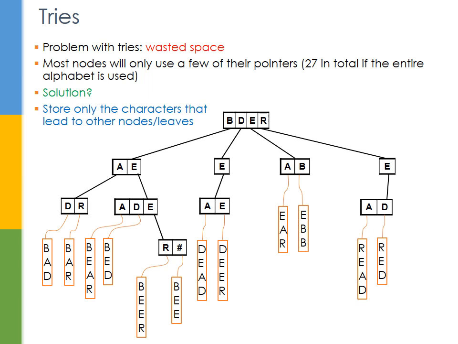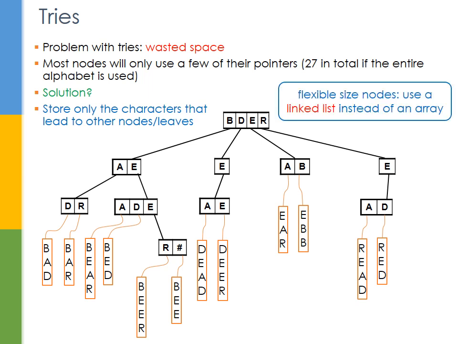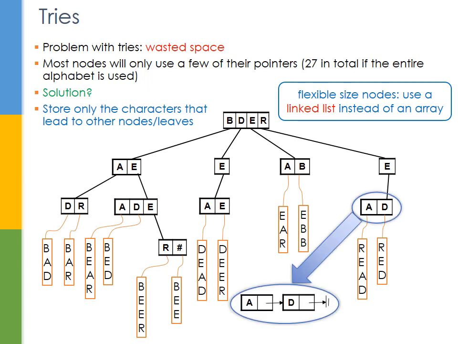Of course, the convenience of a fixed size array is gone, so if you are adding more words, you have to maintain these little structures of pointers, and to make it easier to work with, it's a good idea to replace arrays with linked lists.